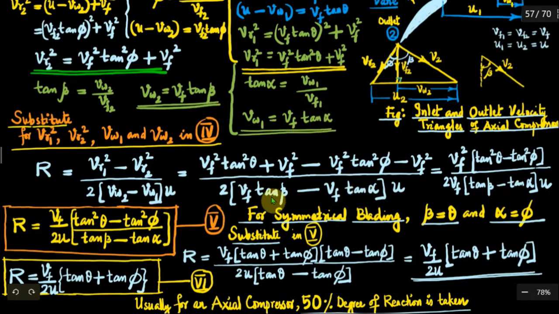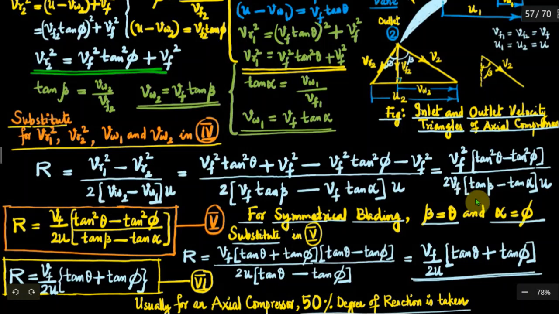So, just substitute that. Once you substitute all this, Vf square in the numerator will get cancelled. So, the remaining is Vf square tan square theta minus Vf square tan square phi. Vf can be taken out common, so that is Vf square into tan square theta minus tan square phi, then divided by the denominator, where Vf can be taken out.